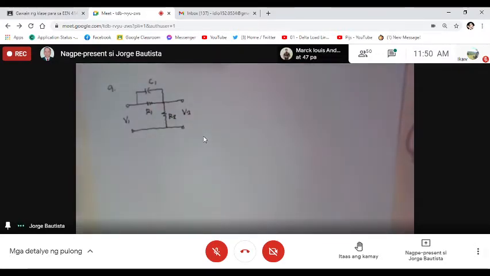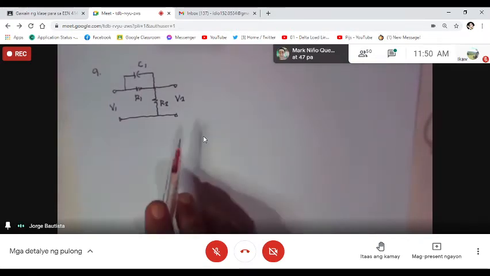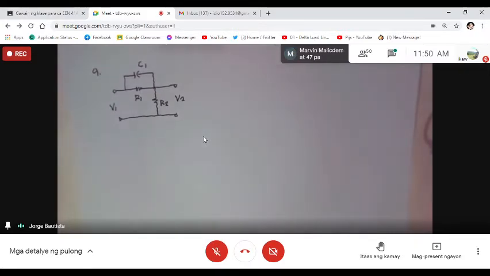So, stop sharing. Okay, so paano natin mahahanap ang transfer function niyan? Okay? So, V2 over V1, no? Ang transfer function natin is V2 over V1.